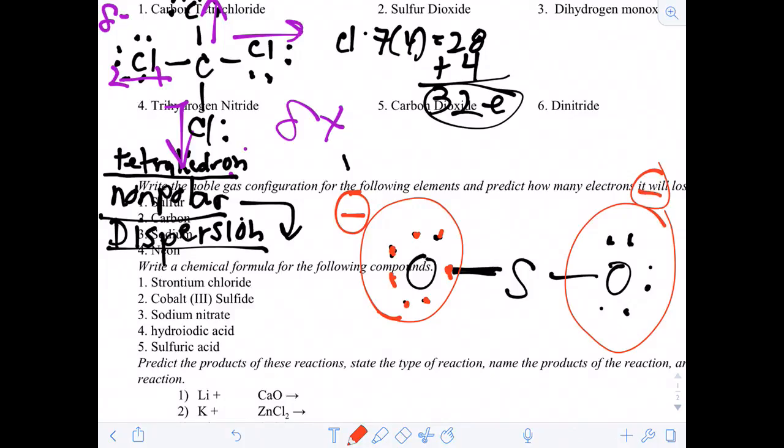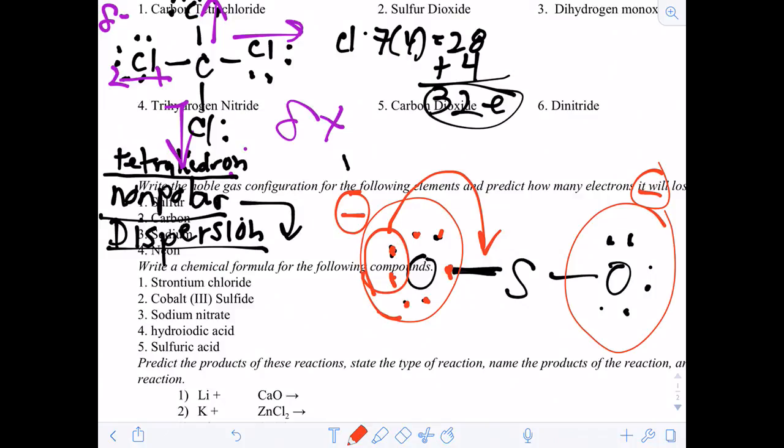So we've got 2 minus charges on this thing, and remember, one of your goals for making a stable structure is to minimize the formal charge. So in order to do that, I'm going to take 2 of these electrons off and move them into a double bonding position. That's going to get rid of the charge, and it's going to help to fulfill sulfur's octet rule.